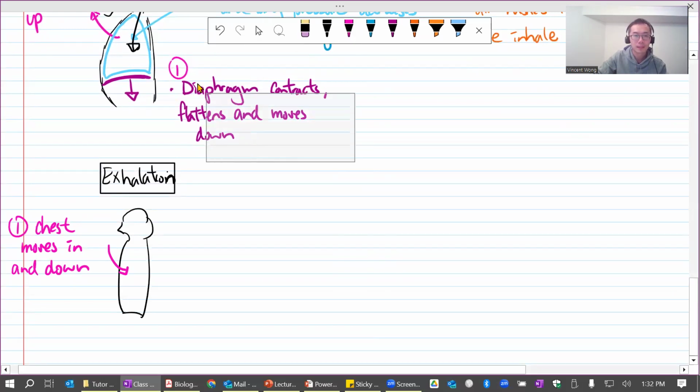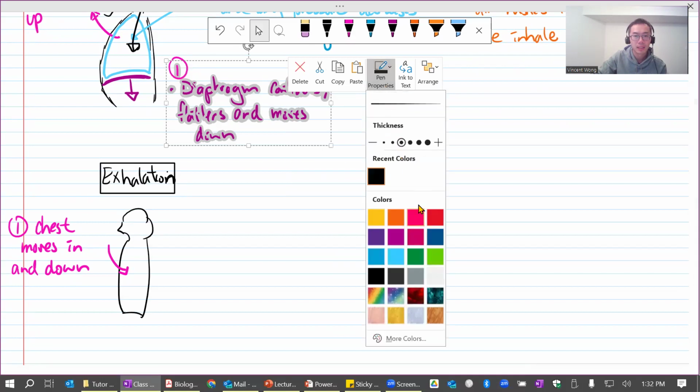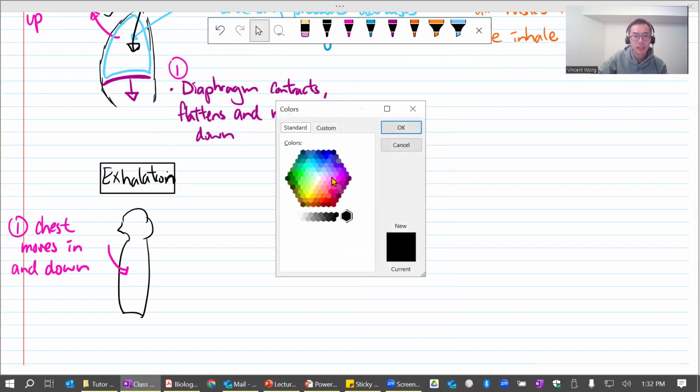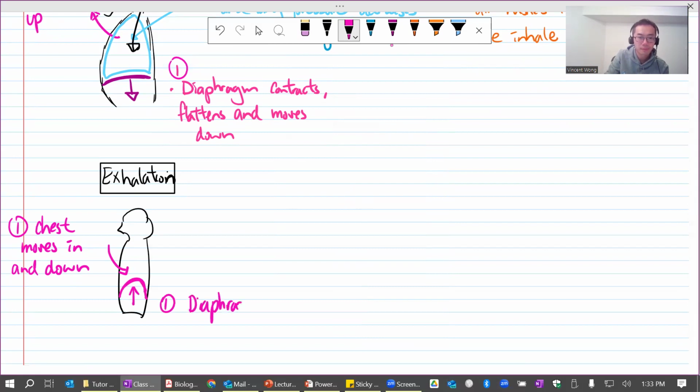Okay. This probably should be the same color. Is it this one? Whatever, close enough. And at the same time, the diaphragm is going to go back up. Diaphragm relaxes, resumes dome shape.